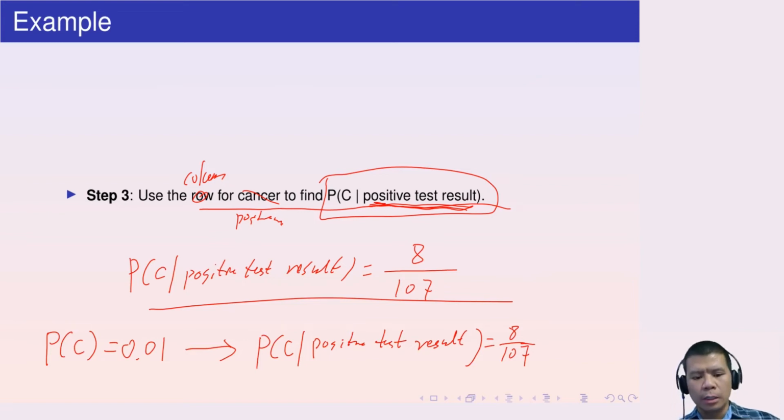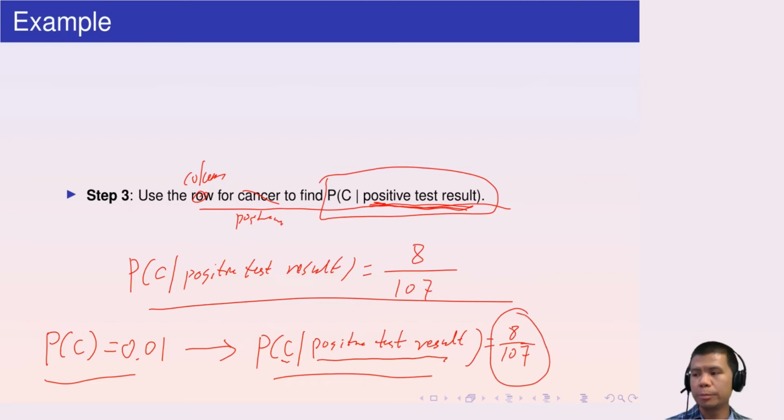So this is the prior, and this is the posterior. Here is one interesting observation: even though you have a positive test result, the chance of cancer is still pretty low. It's less than 8%, so you don't have to worry too much even if you got a positive test result.